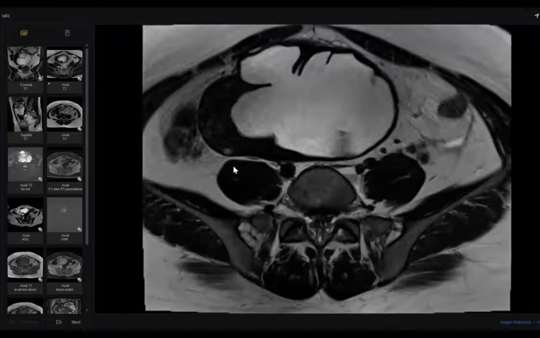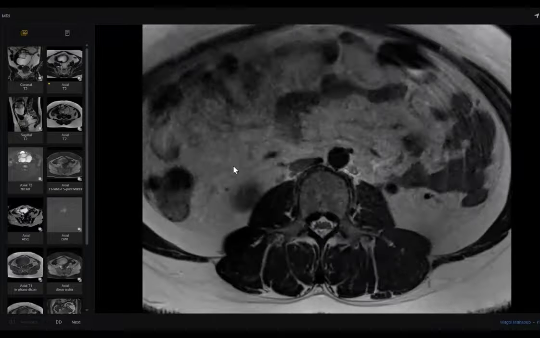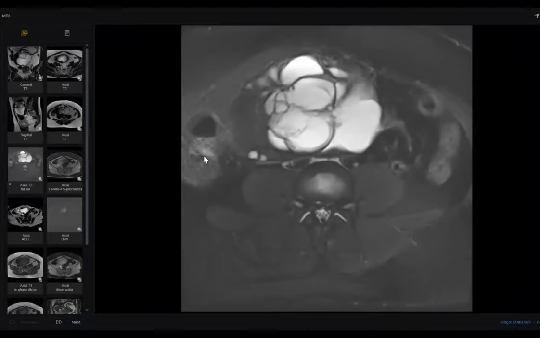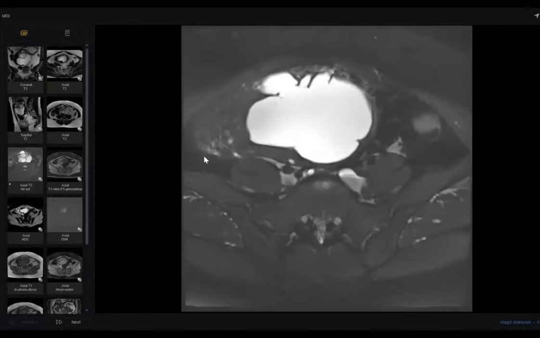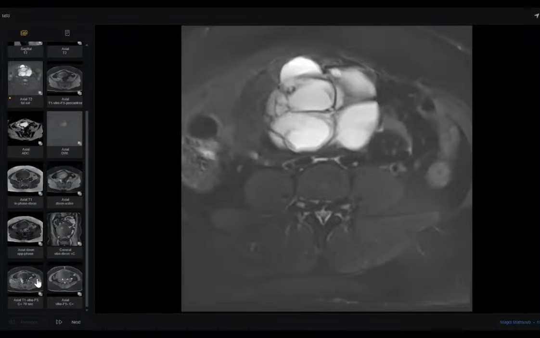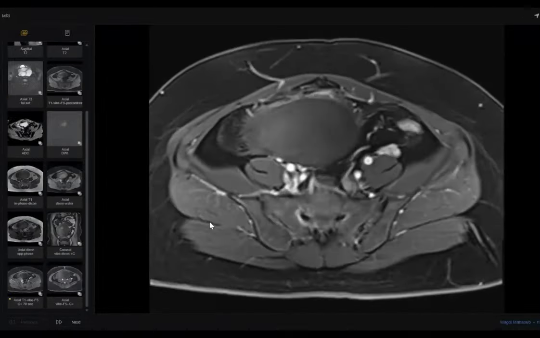So I'll reconfirm my findings on other sequences as well. I would also like to look at the lesion on T1 and then on T1 post-contrast images to look for any solid enhancing mural nodule. Here is the post-contrast.